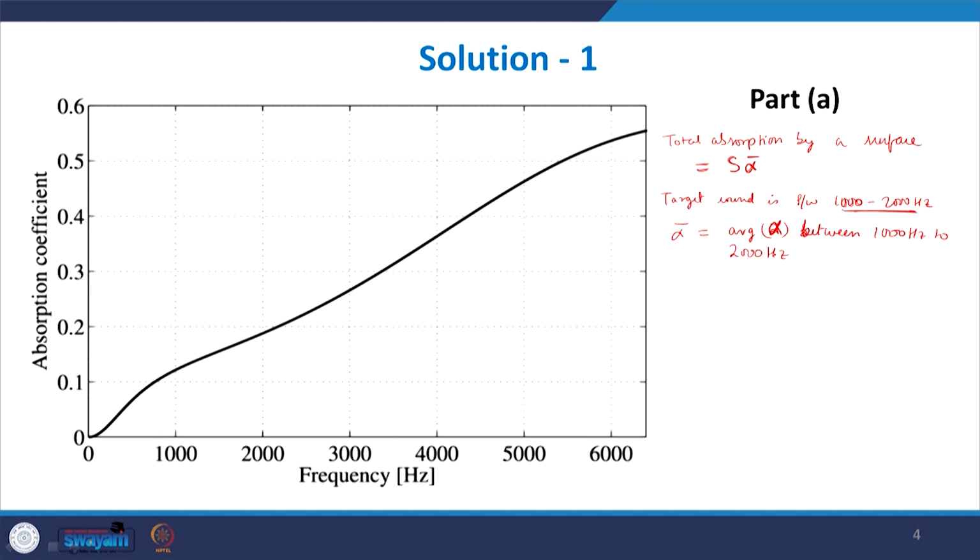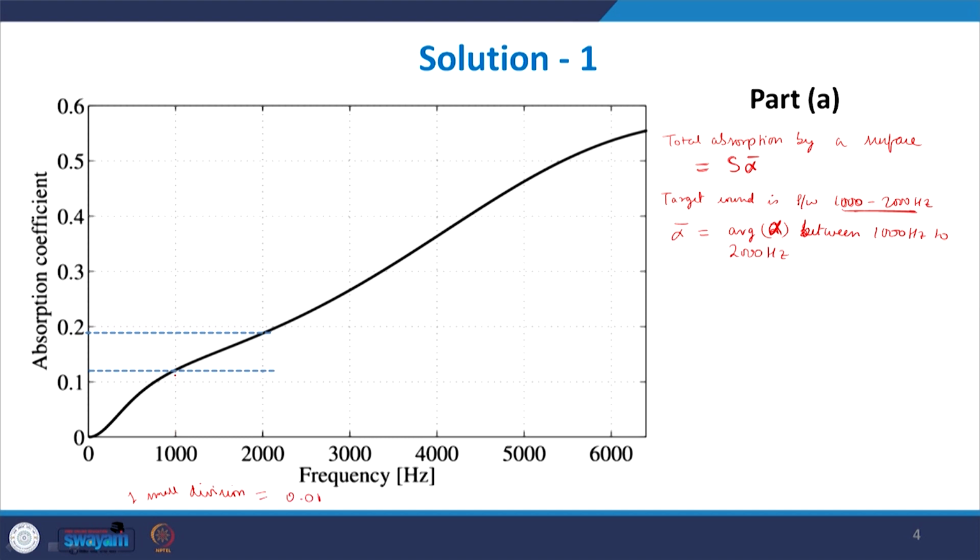So, let us find the average alpha in the domain of the incident sound. If we see here at 1000 hertz, every dot is 10 units, so every dot becomes 0.01. So, one small division is equal to 0.01.